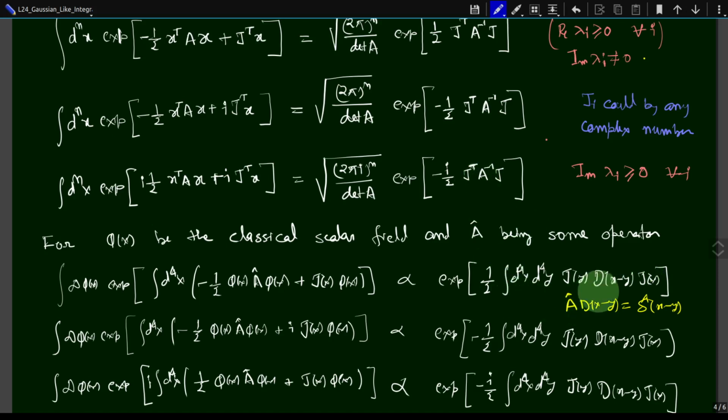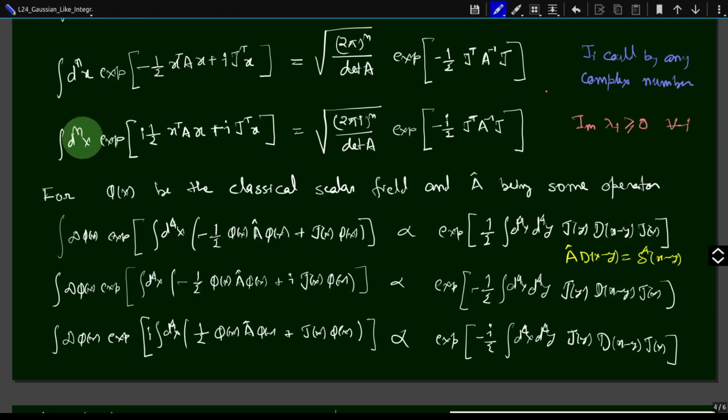Now what is this D? If the operator A acts on D of x, y, that gives me delta of x minus y. This delta function is the counterpart of the identity matrix. So basically D is nothing but the inverse of A, which we found earlier. So this D is what you usually call the propagator in this field theoretic setup.